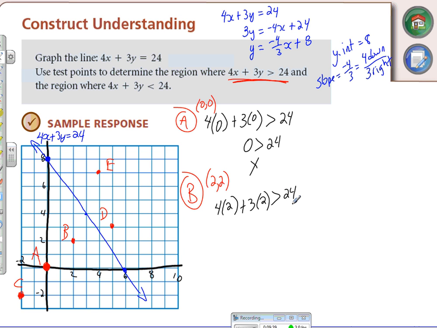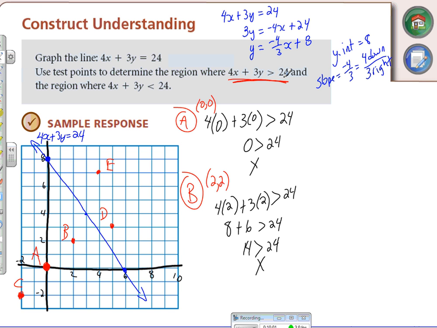Let's find out. 4 times 2 is 8, plus 3 times 2 is 6. 14. That is not true. It's not greater than. So it's not going to be satisfying this inequality.